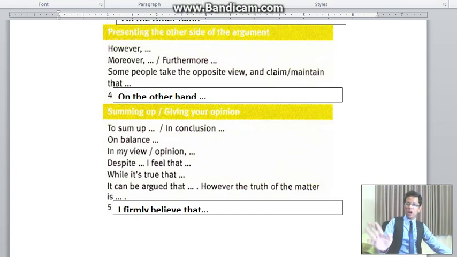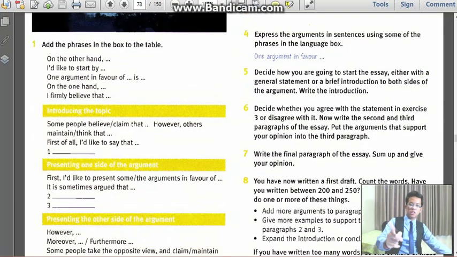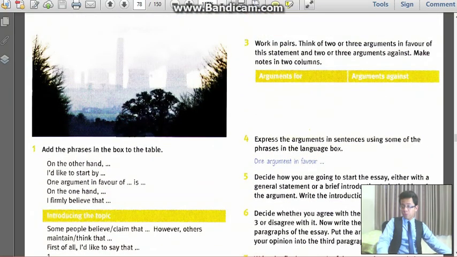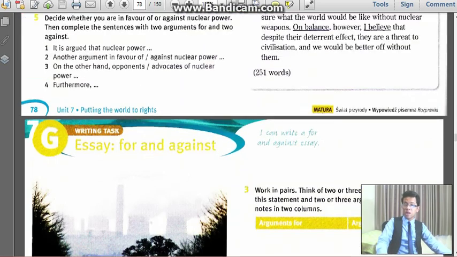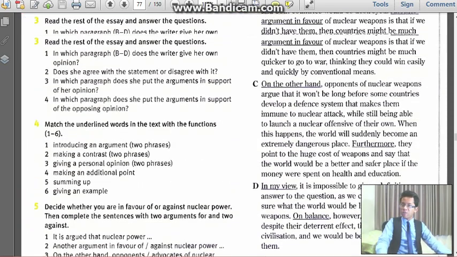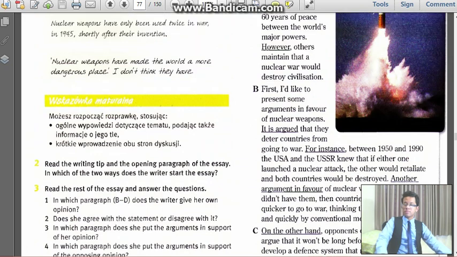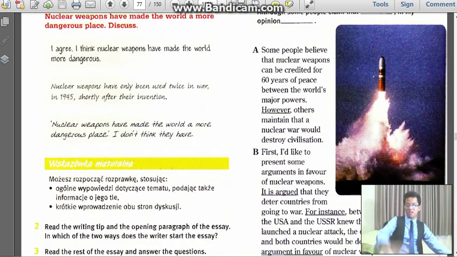So now we will find some other phrases that the writer used, but the book didn't underline. Some people believe that nuclear weapons can be credited for 60 years. Don't mind that, but the phrase, some people believe, is right here, introducing the topic.